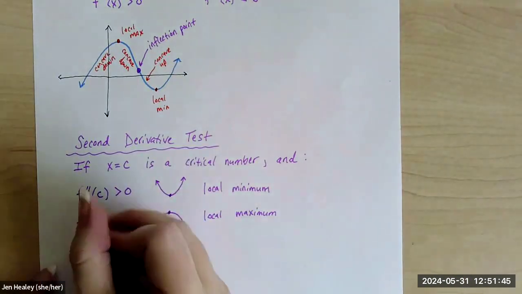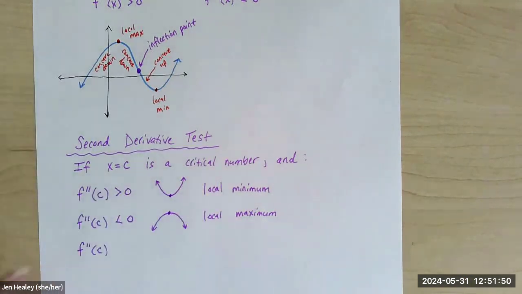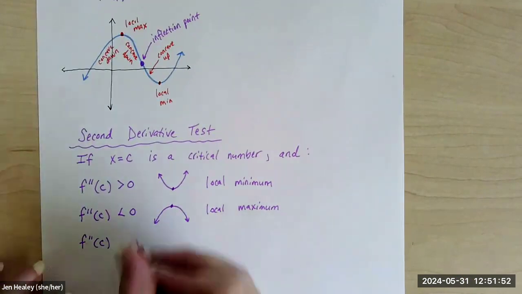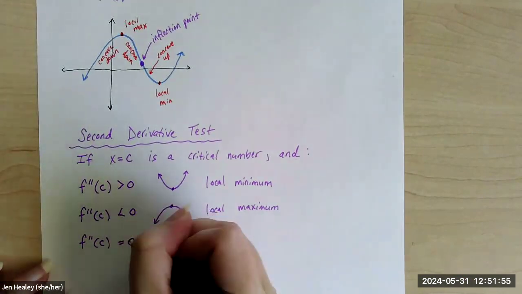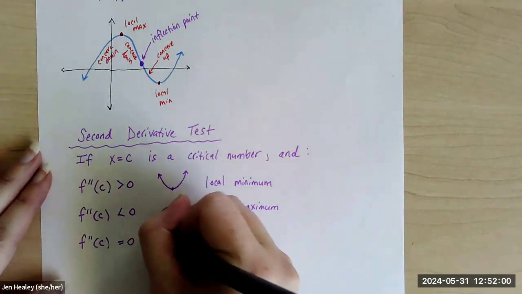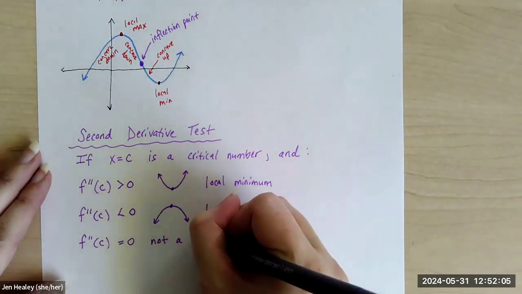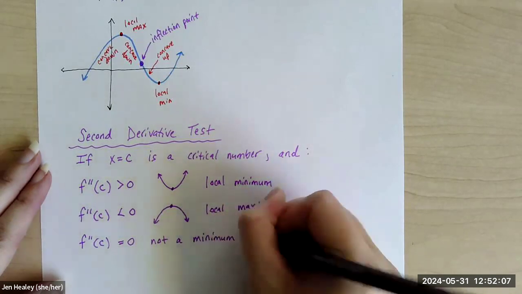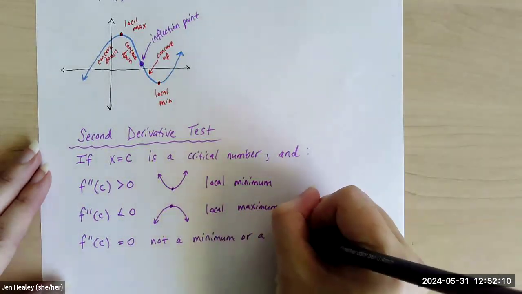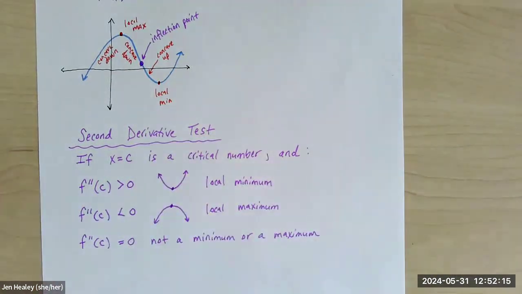And if when we calculate the second derivative at c, 0 pops out, it's not a max or a min. What it could be is an inflection point.